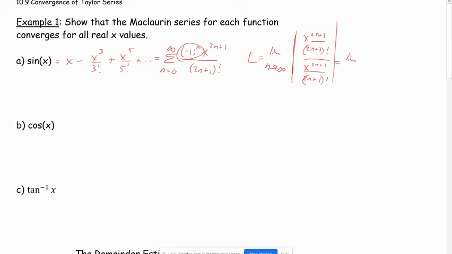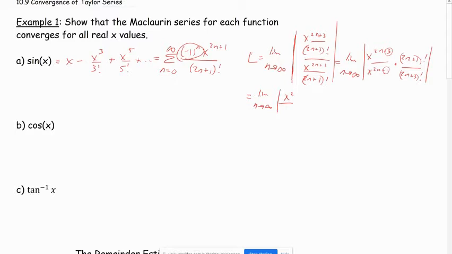So then evaluating this limit, we have x to the 2n plus 3 over x to the 2n plus 1 times 2n plus 1 factorial over 2n plus 3 factorial. And if we simplify that, that is the limit as n approaches infinity. The 3 is two units higher than the 1, and so that means we have x squared, because the difference of those powers is 2.